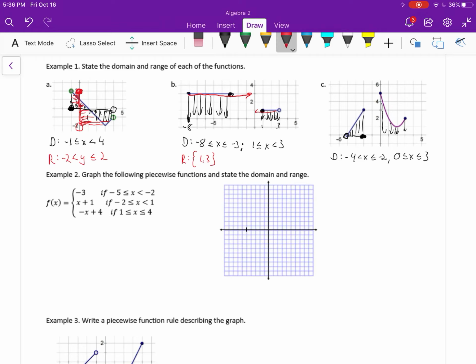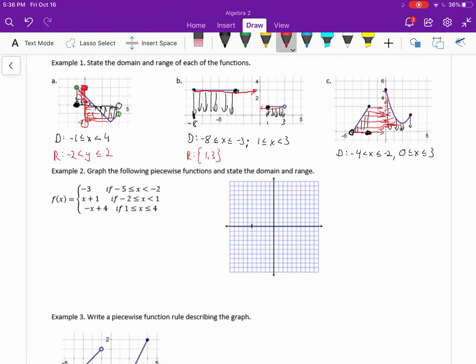And for the range, we're going to collapse to the y-axis. Well, over here, collapse to the y-axis, and then over here also. And so some of these, the numbers get hit twice, but it doesn't really matter. We just need to see what's covered.